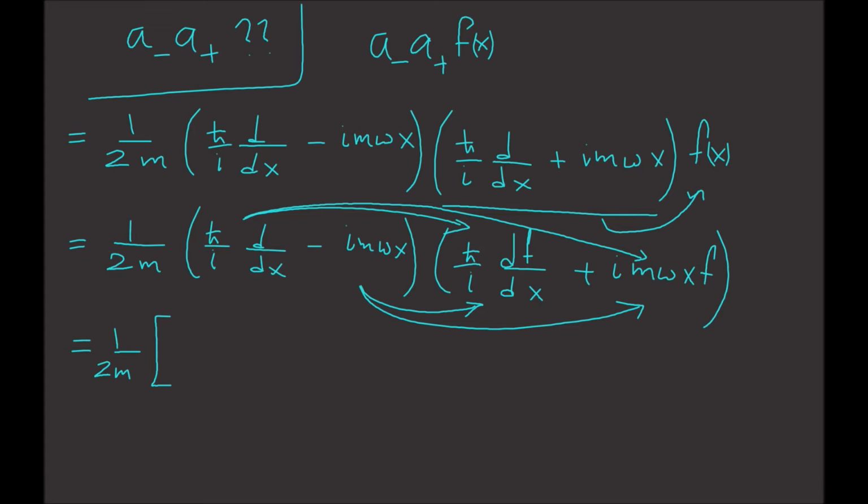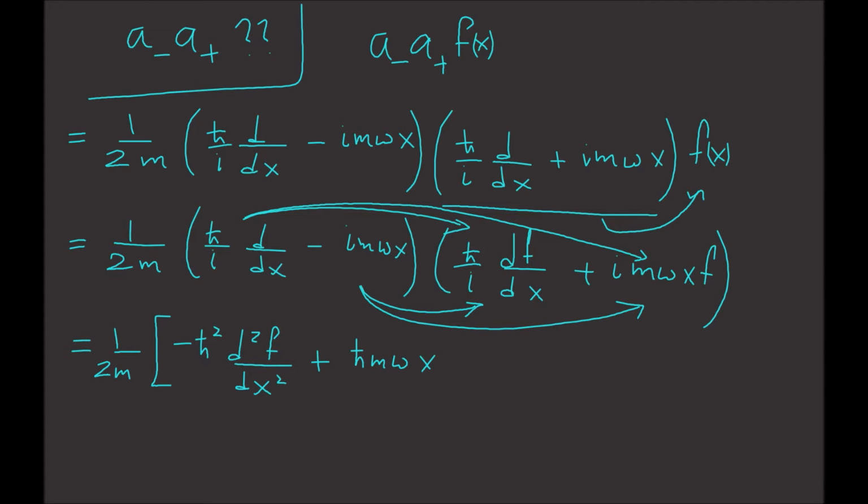The first term: i times i is negative 1, so we have minus h bar squared, and then we're doing a derivative on the derivative, so we get the second derivative of f, d squared f over dx squared. Plus, this term times the second piece, where the i cancels, gives h bar m omega times x.